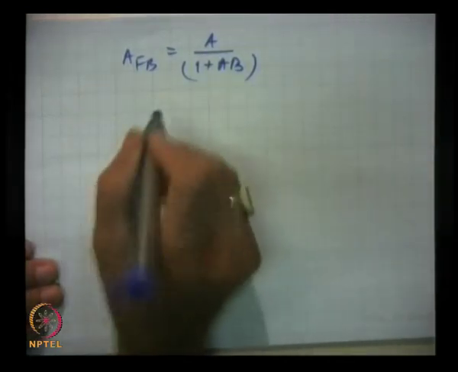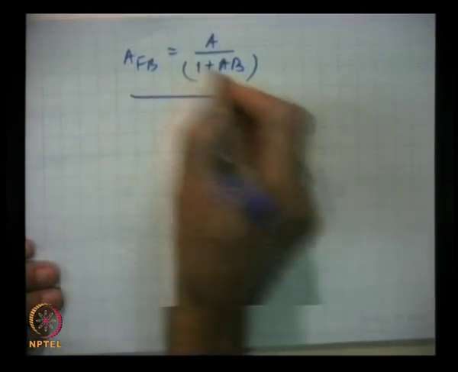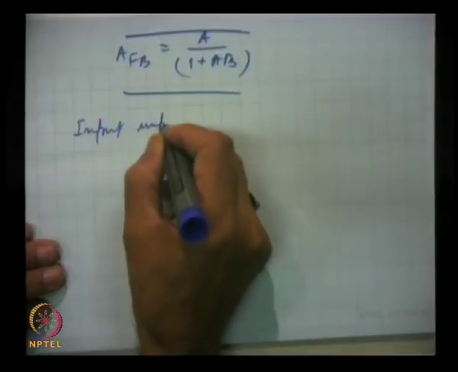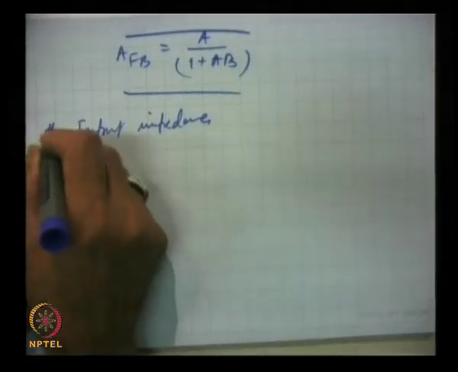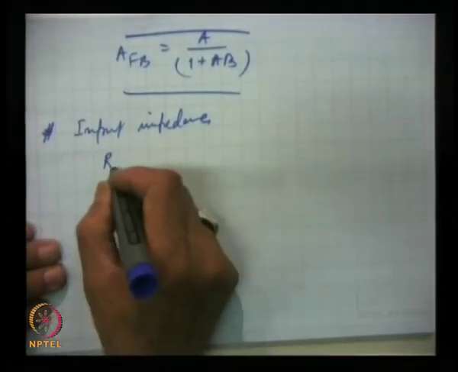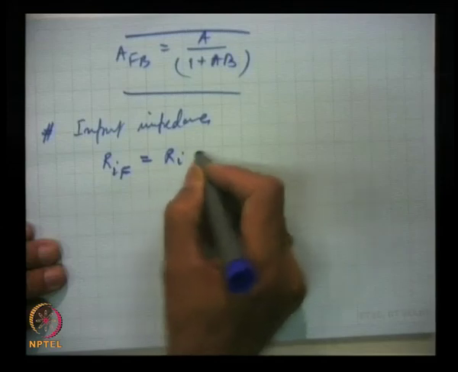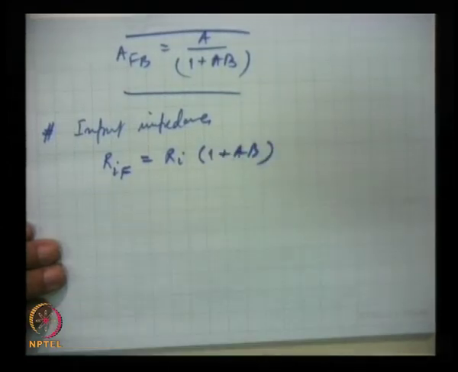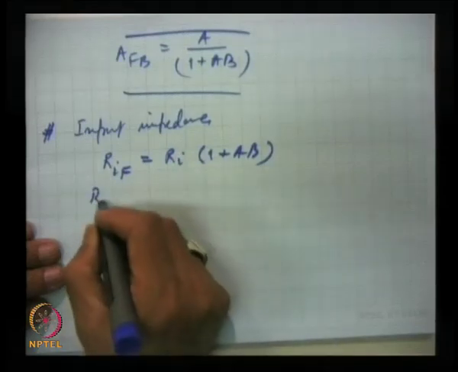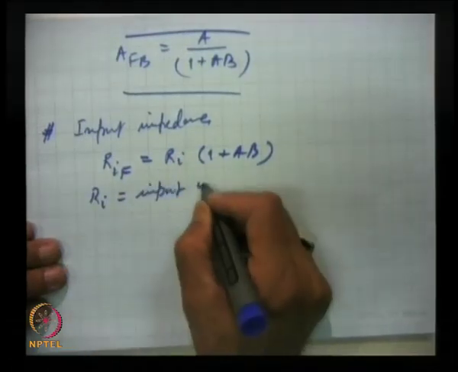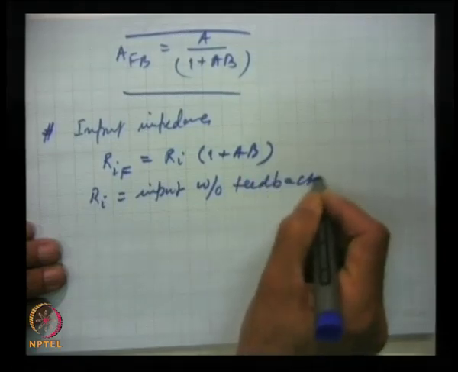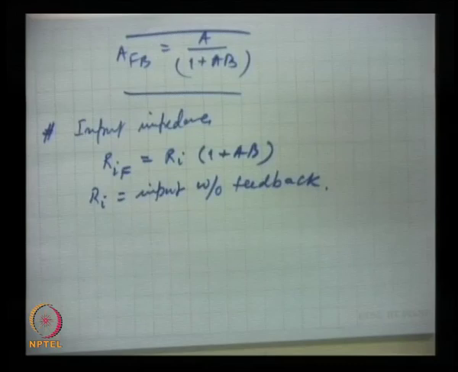So now what are the other quantities? We recollect from our discussion in the feedback chapter, which we finished, that the input impedance with feedback, RIF, is Ri, the input impedance without feedback, multiplied by this factor 1 plus AB.